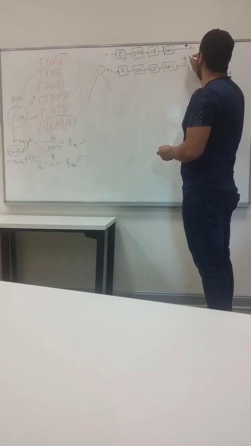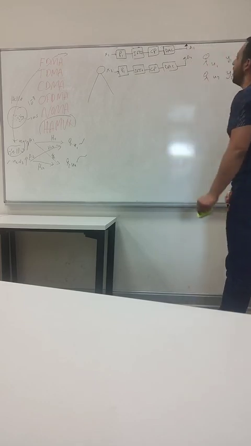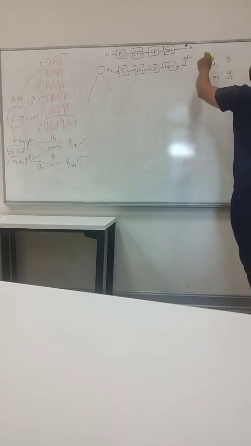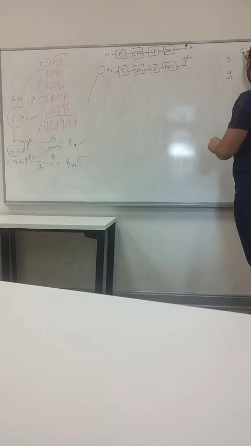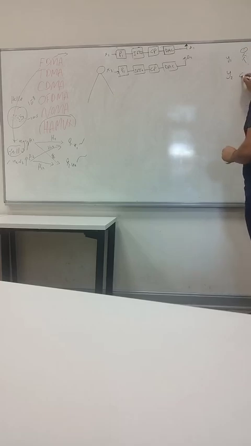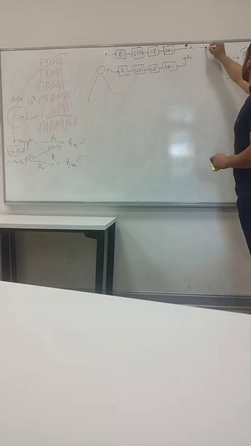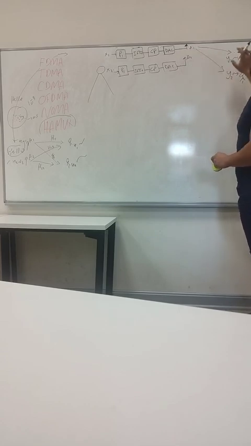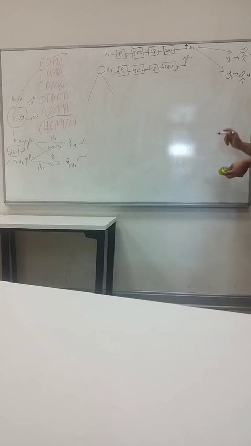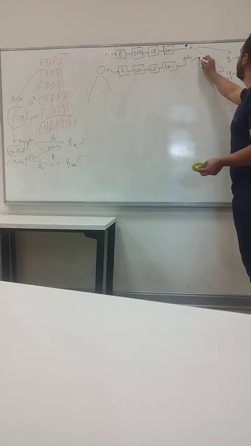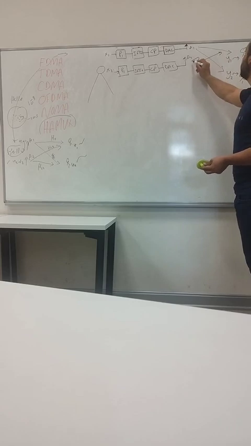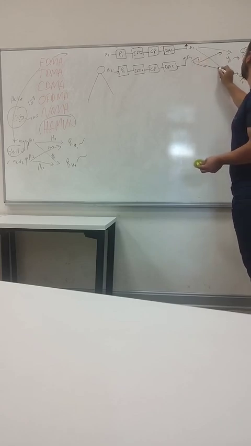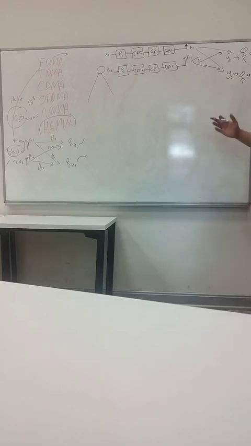This is antenna 1, this is antenna 2. And this is user 1, this is user 2. The signal goes from antenna 1 to both user 1 and user 2, and from antenna 2 to both user 1 and user 2. And we name the channels.